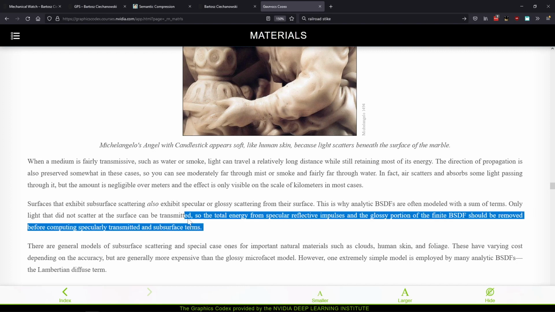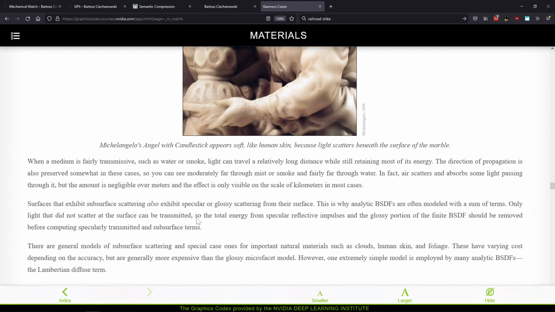Okay. I had to read this paragraph a second time to grok it. It's saying subsurface scattering is a component of the total energy hitting the surface.